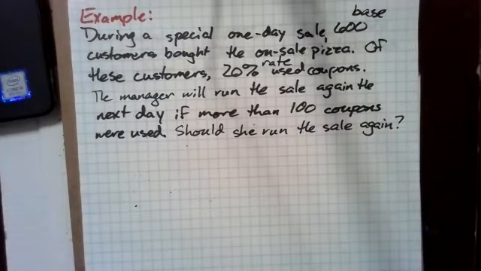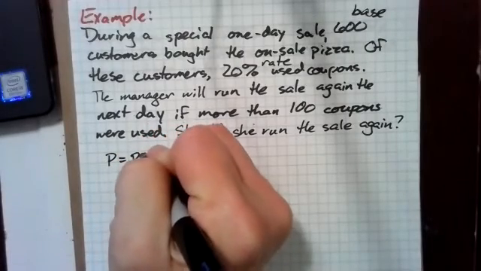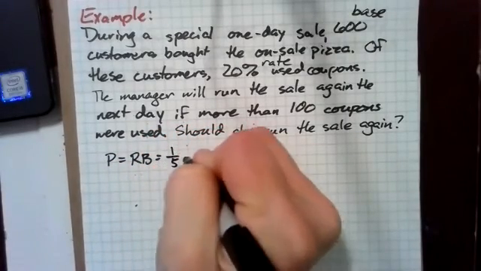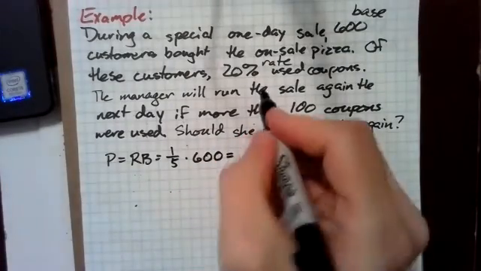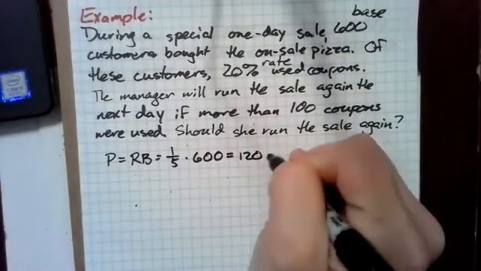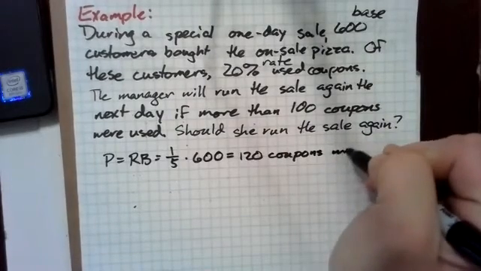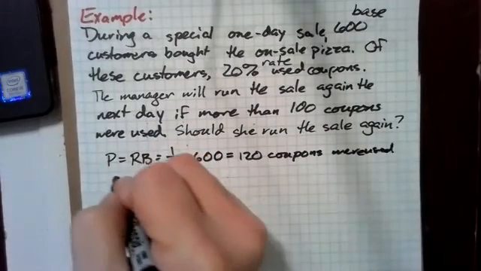So we need to figure out the portion that used coupons. P equals RB, which is 20% or 1/5 times 600, which is 120. 120 coupons were used. She should run the sale again.